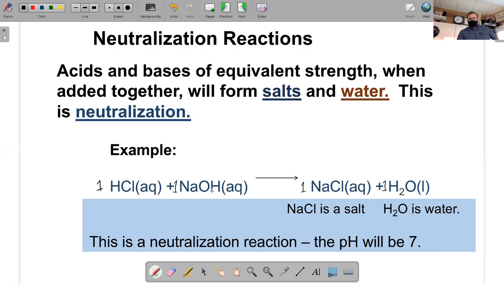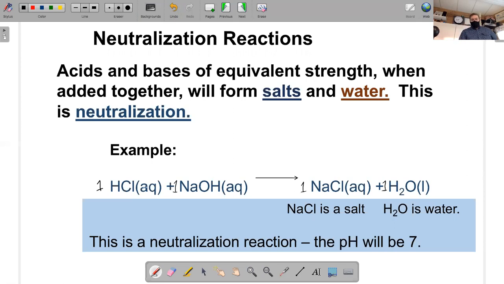We don't write the ones if there's one of each, but in some chemical reactions that are neutralizations, these quantities are not one-to-one ratios. Like if the acid has 2 hydrogens or 3 hydrogens, like maybe in the case of sulfuric acid where it's H2SO4, or phosphoric acid which is H3PO4, then you would need a different coefficient in front to balance the reaction.